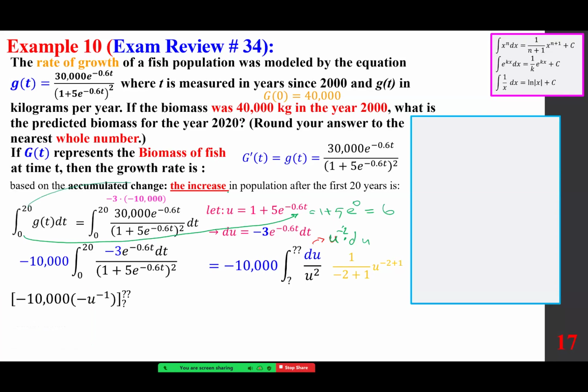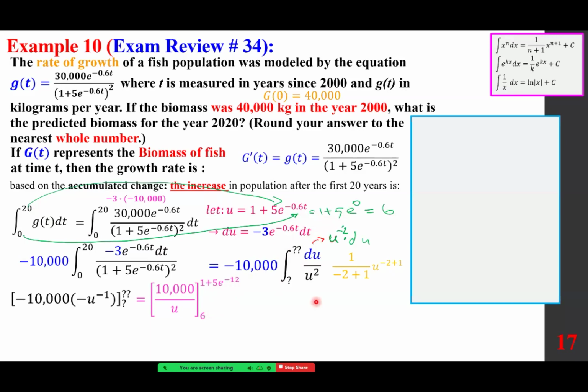And if you plug in the upper limit 20, 1 plus 5 e to the power of minus 0.6 times t equals 20 is minus 12. That's why the upper limit is 1 plus 5 e to the power of minus 0.6 times 20, or minus 12. The lower limit showed it to be 6.